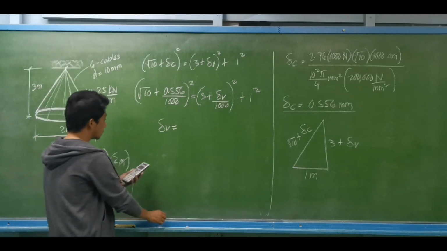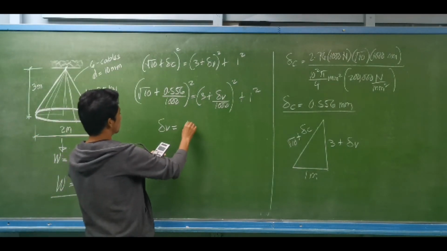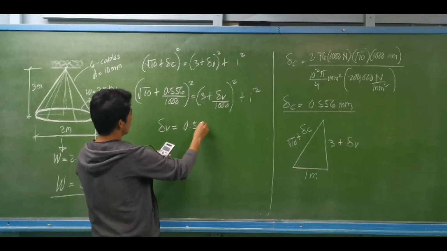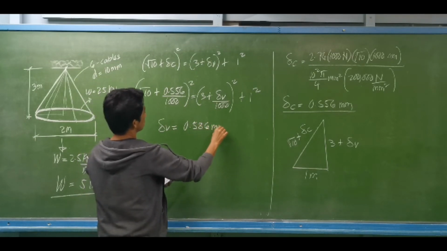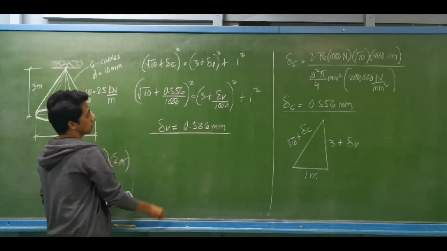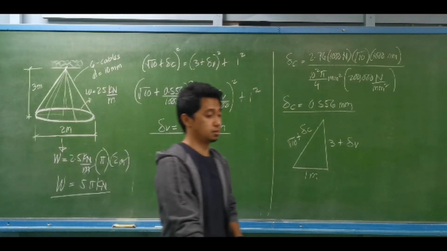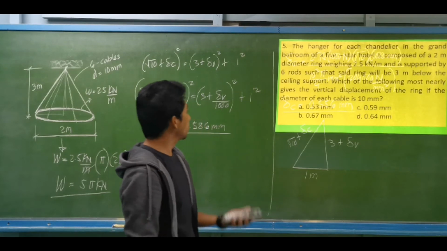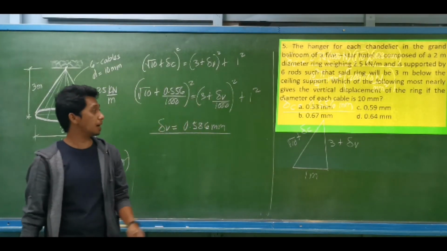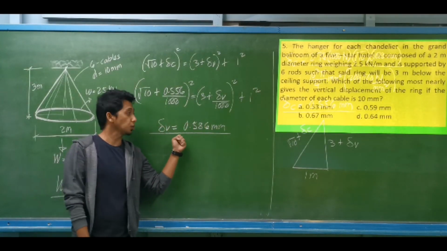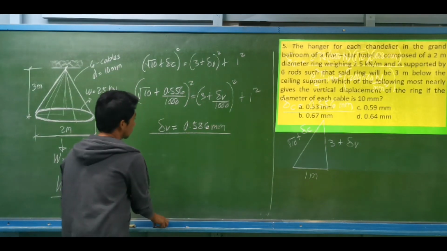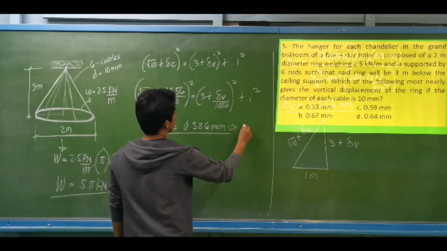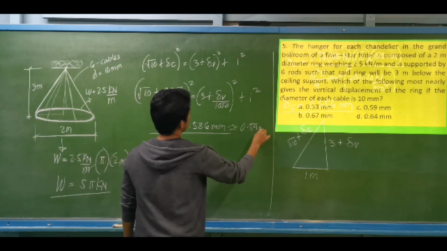So we'll have an answer of delta B equal to 0.586 millimeter. On our choices, the nearest value to 0.586 is letter C, 0.59 mm.